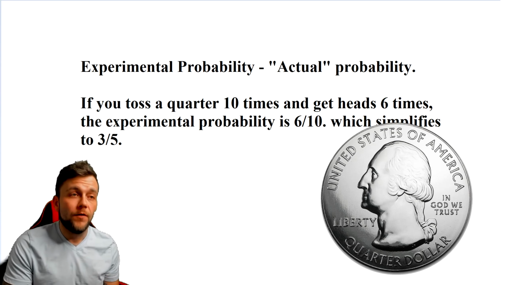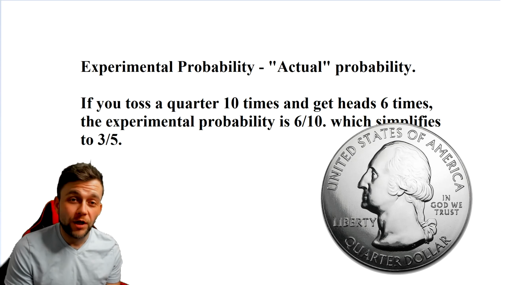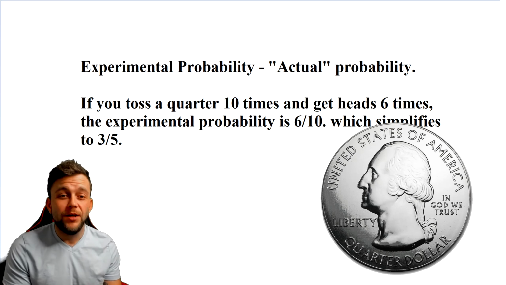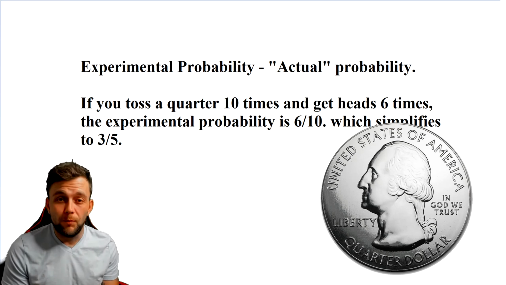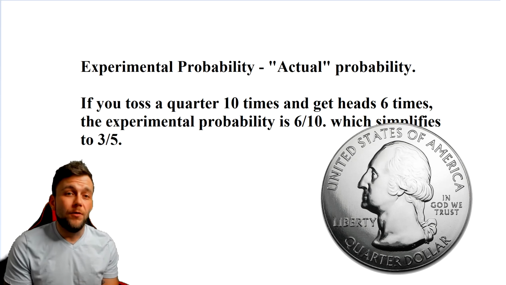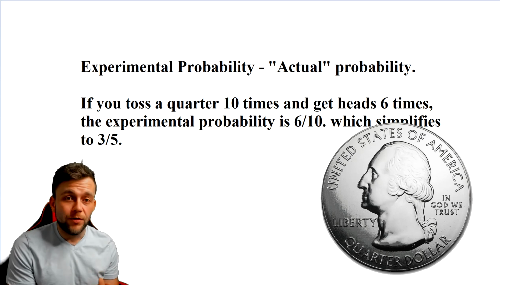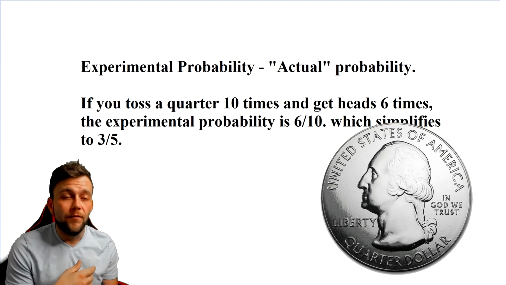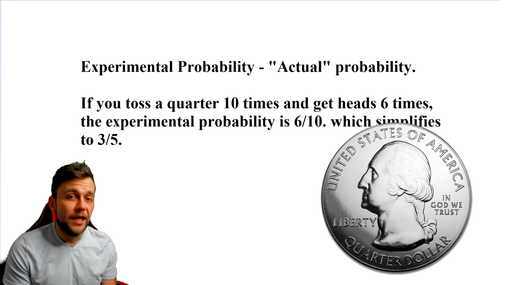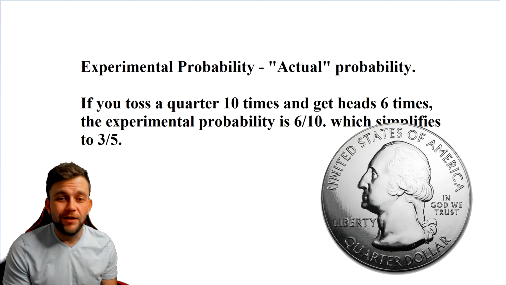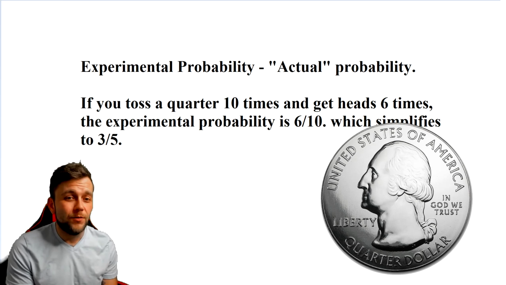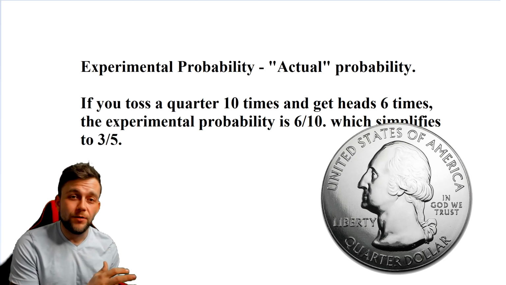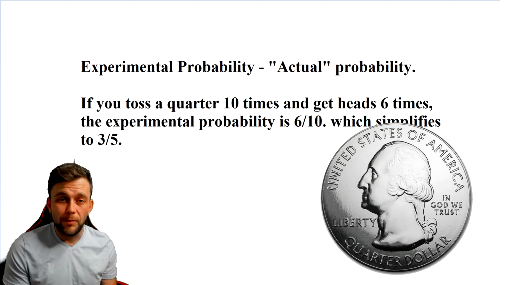If you are flipping a coin, you are recording your heads and tails, so this is your experimental probability. Now, if you're just writing it out, there's always the theoretical probability of 1 out of 2 of getting heads on your quarter. I hope that clarifies the differences between experimental and theoretical probabilities.